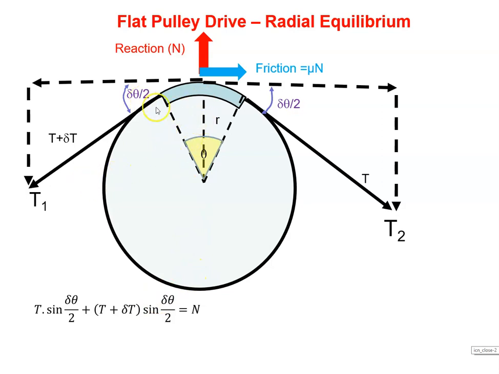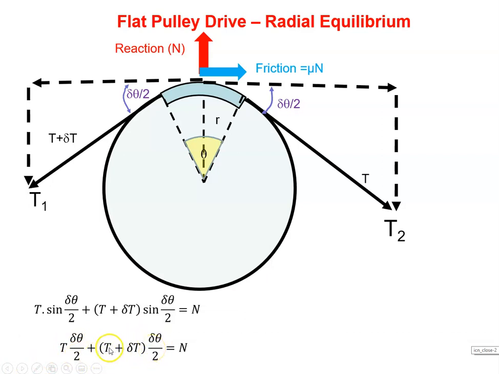Okay, if I assume that this angle d theta over 2 is very small, the sine of a very small angle in radians is equal just to the angle in radians. So sine d theta over 2 just becomes d theta over 2, and similarly over here. So I have T times d theta over 2 and T times d theta over 2 here.